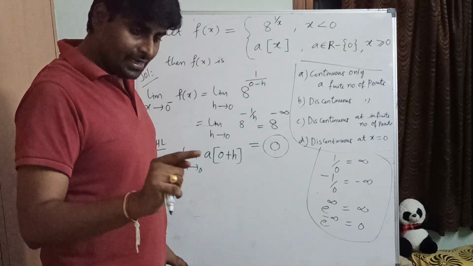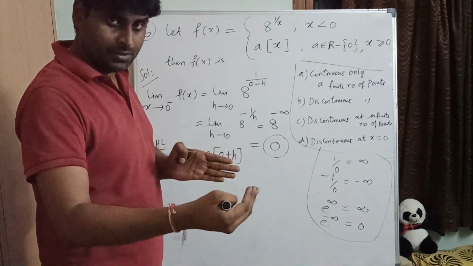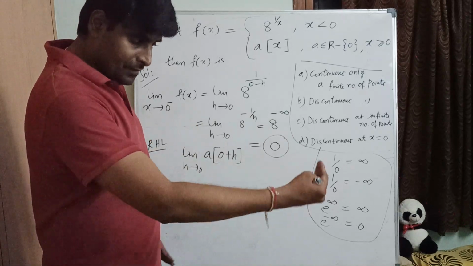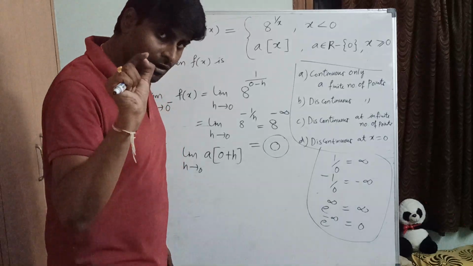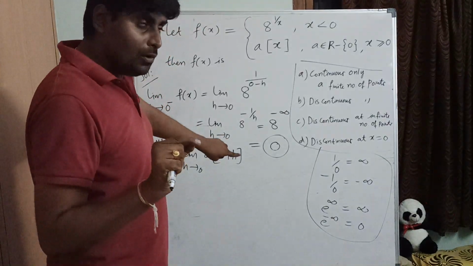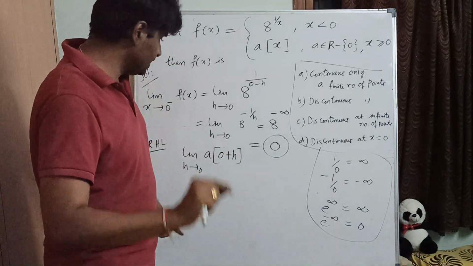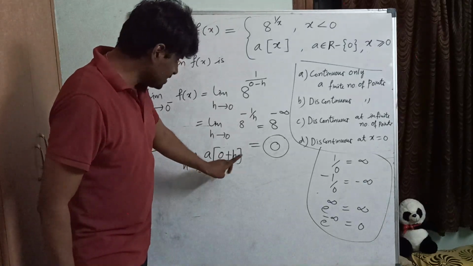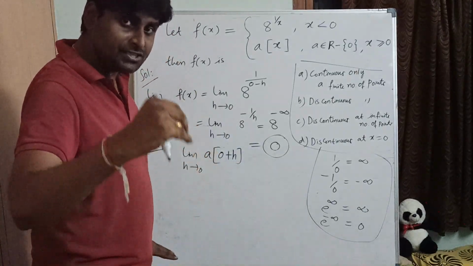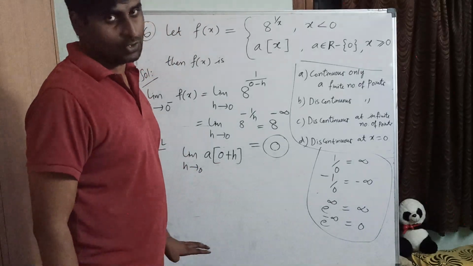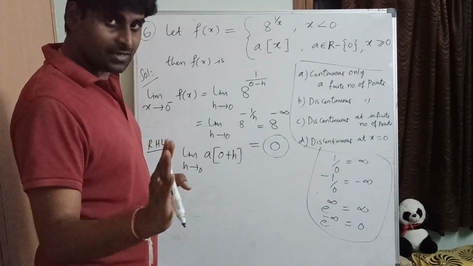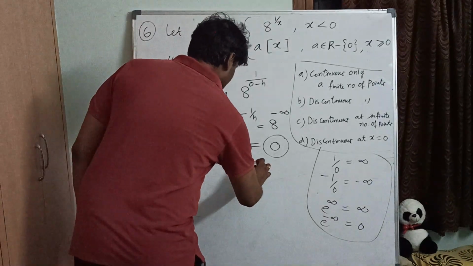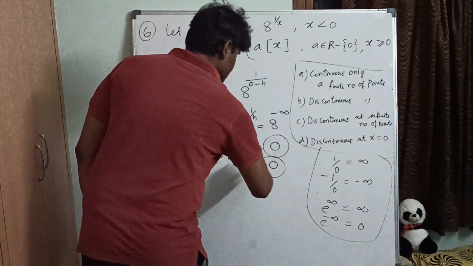Generally LHL, RHL is a neighborhood. For one limit, we take the left side of that value and the right side of that value, and h is a small quantity. So 0 plus 0 point something, step of 0 point something is 0. Correct or not? So this value also gives us 0.